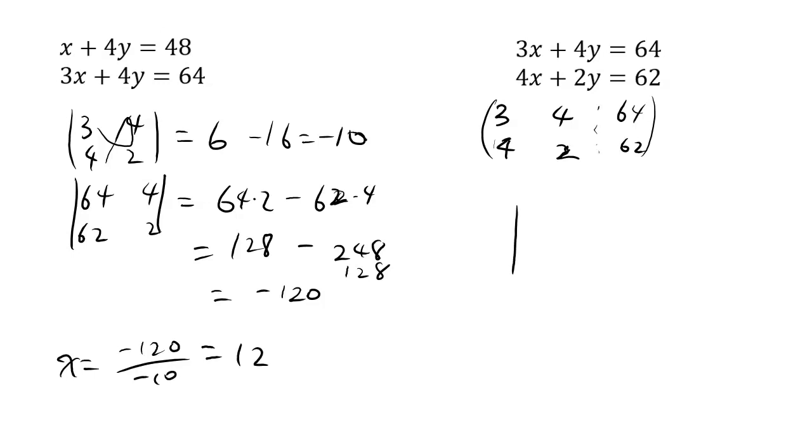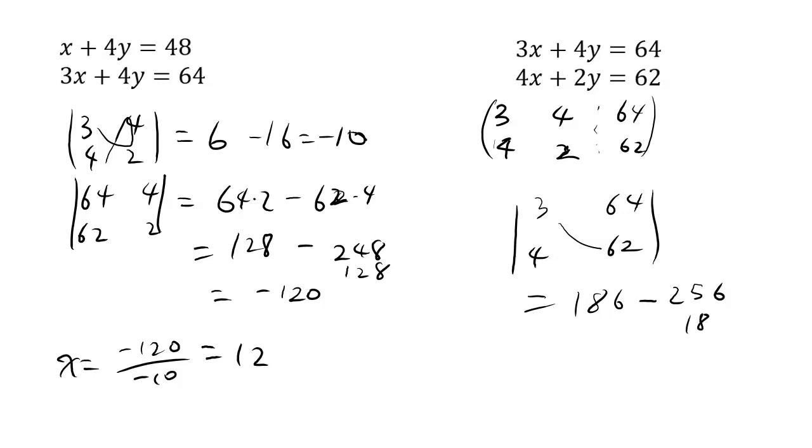Alright, then the next one is 3, 4. Then you replace the second column by 64 and 62. So that means 3 times 62 is 186 minus 64 times 4, 256. So 186 minus 256 gives negative 70.